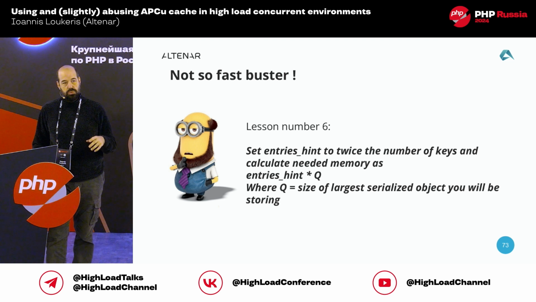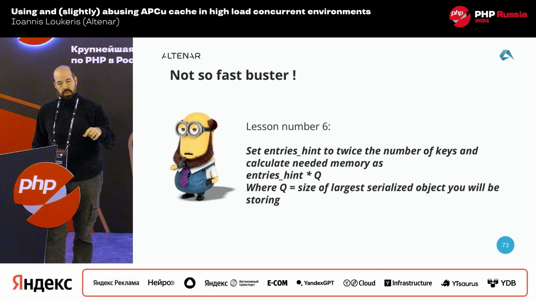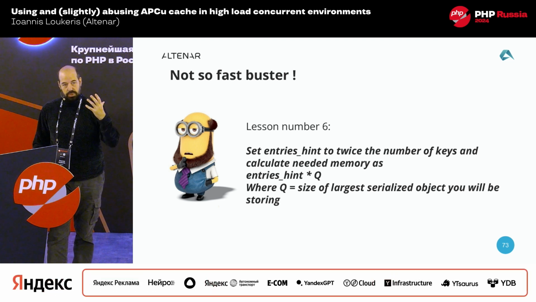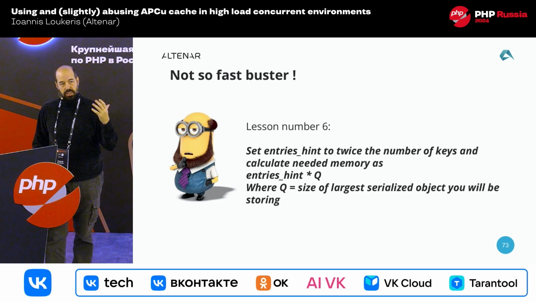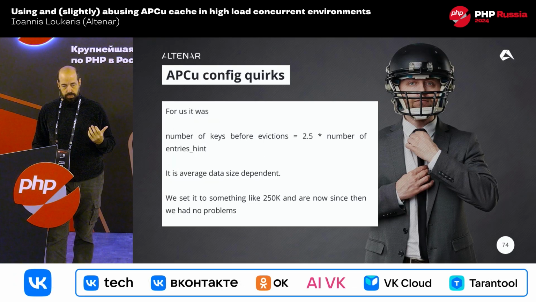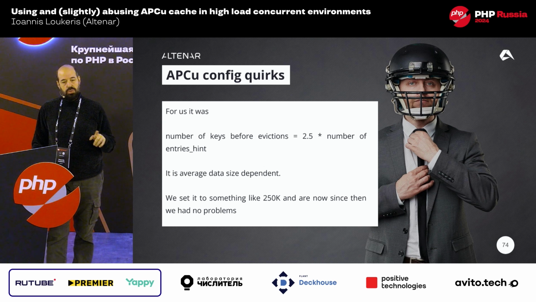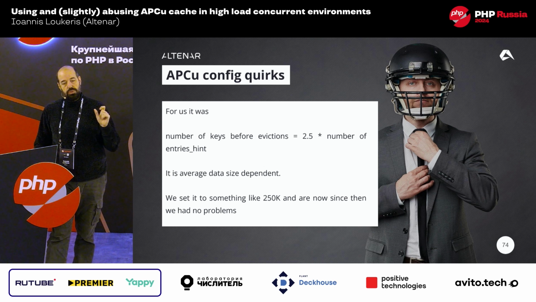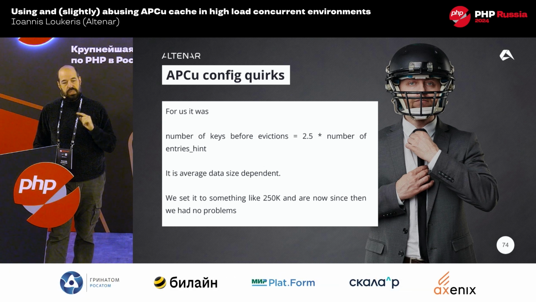I would say that you need to start from something like this, check how things are working and what's happening, and adjust accordingly if you need to. And for us, the number of keys before eviction started was 2.5 times the number of entries hint.